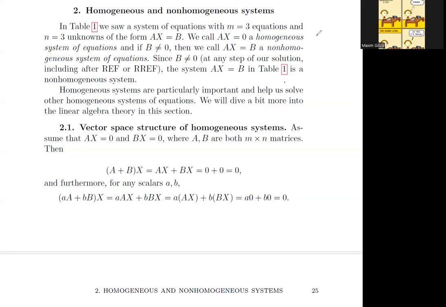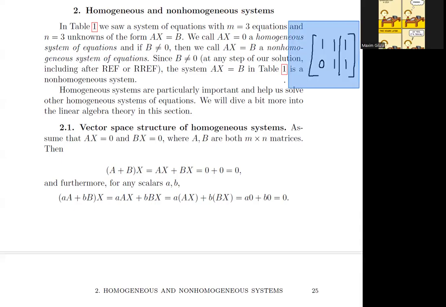Here's an example of a system where, well, I was thinking of how we can reduce a non-homogeneous system to a homogeneous one and see if it's possible.